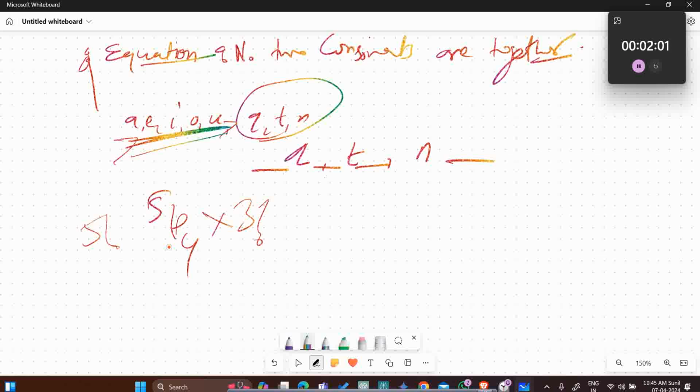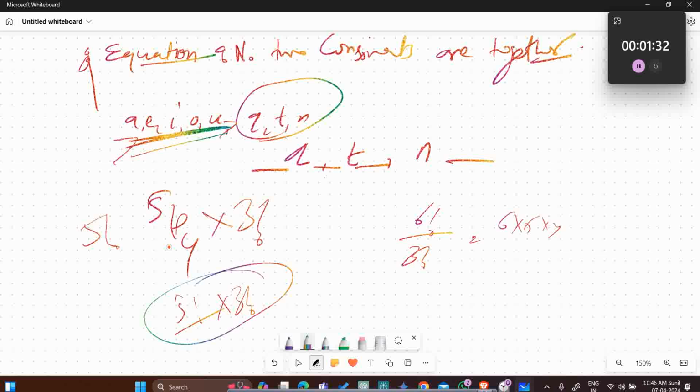Is it the answer for 6 factorial upon 3 factorial? 5 factorial into 3 factorial. I'm not understanding this here. What is going on?